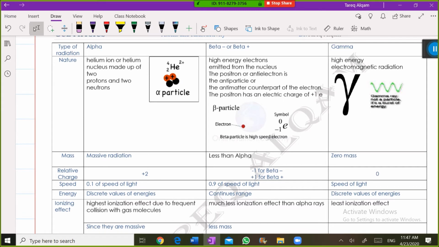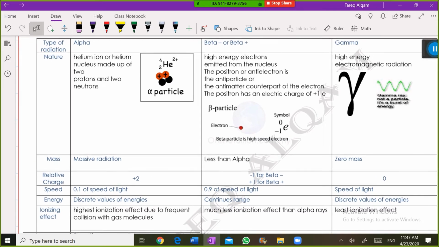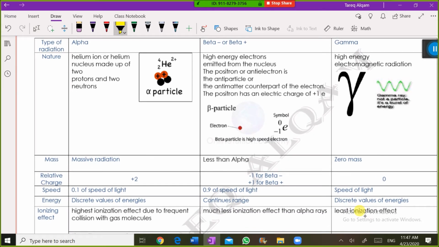Beta, this is the new thing that we did not talk about in the previous year or in the O level. Here we have two types of beta: beta minus or beta plus. Beta minus is high energy electrons emitted from the nucleus. Now we have something called the positron, or anti-electron.